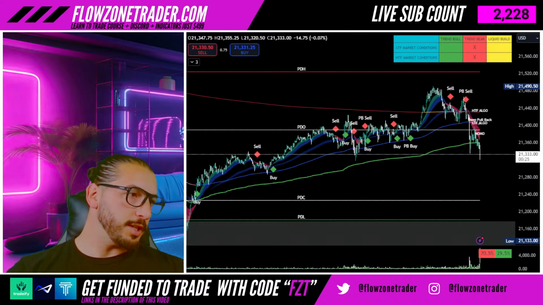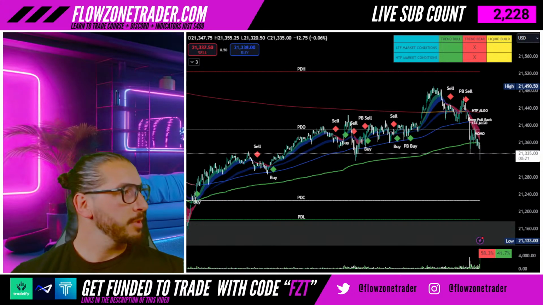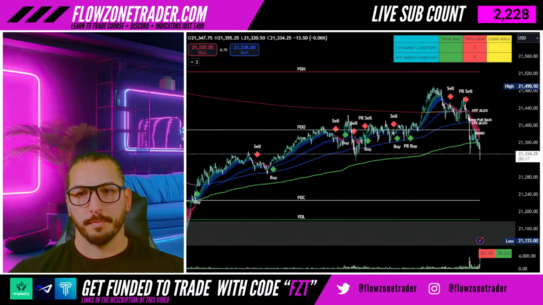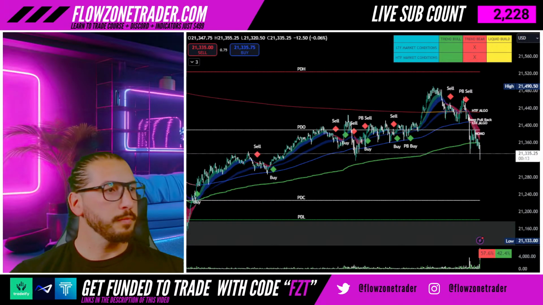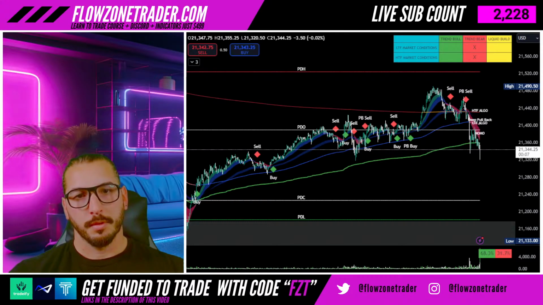Nothing notable size-wise, right? Size still not big on the book at all. Fairly neutral open there.